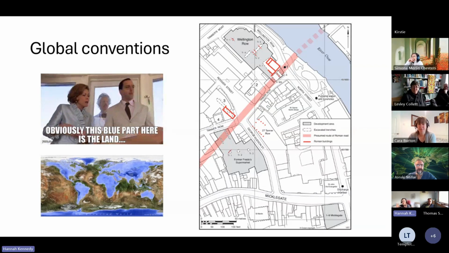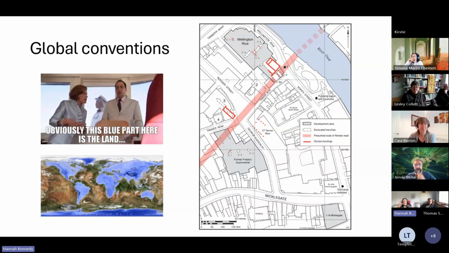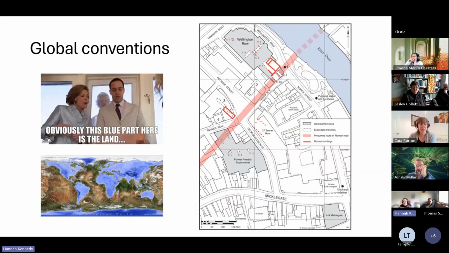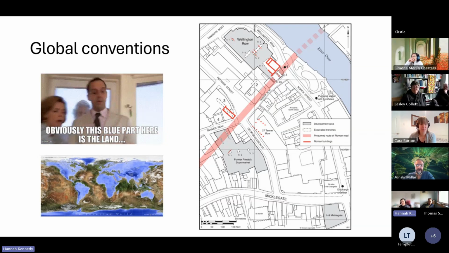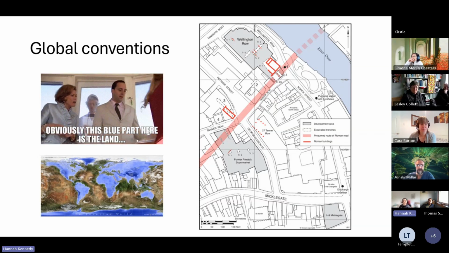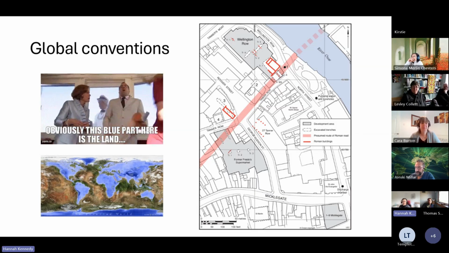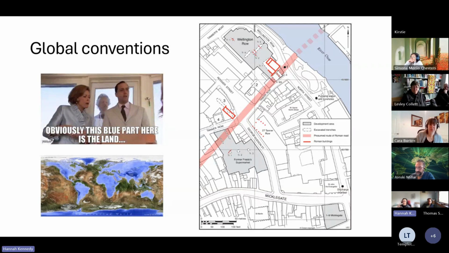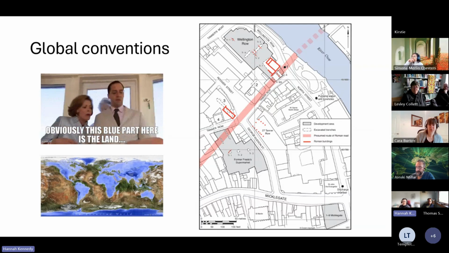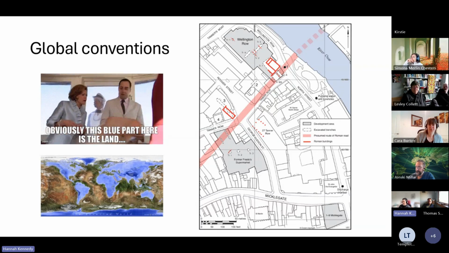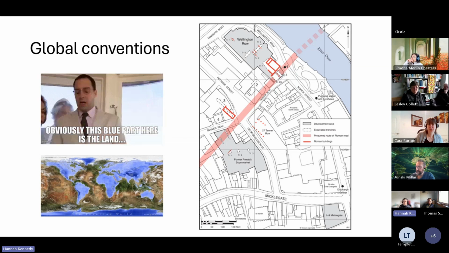So you can see how quickly and easily you can site the location on the right against the river Ouse in York, obviously, simply because it's blue. Thinking about global conventions and the way that people perceive colour and have a subconscious bias towards colour is really useful when you're thinking about how to illustrate.